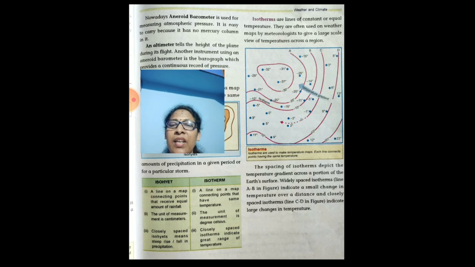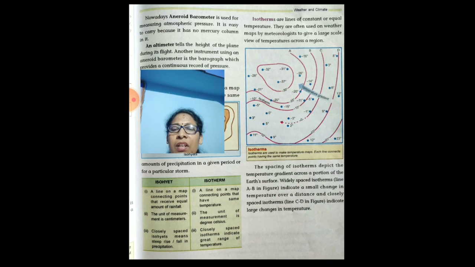Here they have given a column with the difference between isohyets and isotherms. The first one, a line on a map connecting points that receive equal amount of rainfall. Isotherm is a line on a map connecting points that have the same temperature.